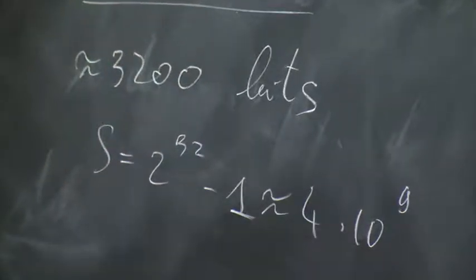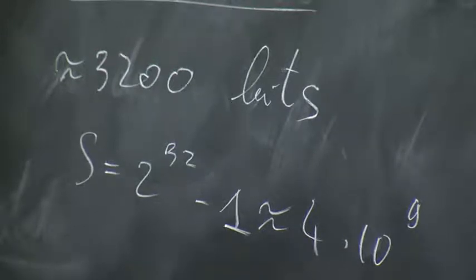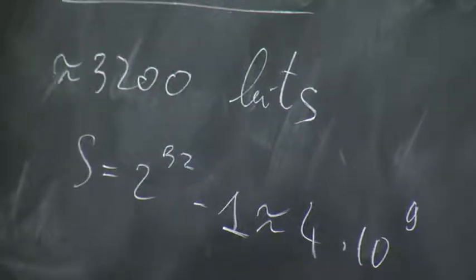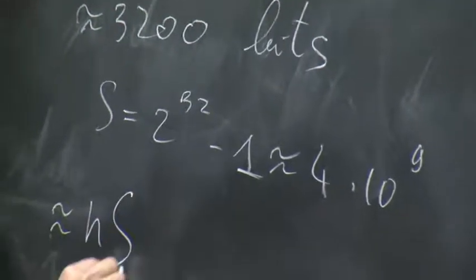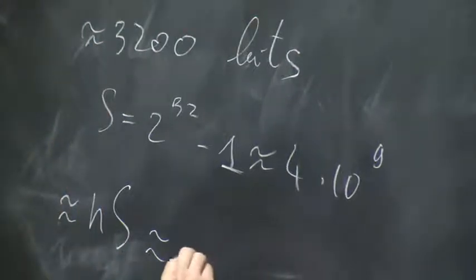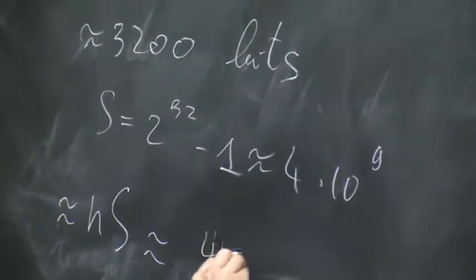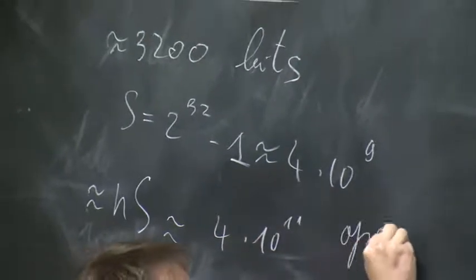So the worst case running time is roughly n times s, which means roughly 100 times 4 times 10 to the 9, which means 4 times 10 to the 11 operations.